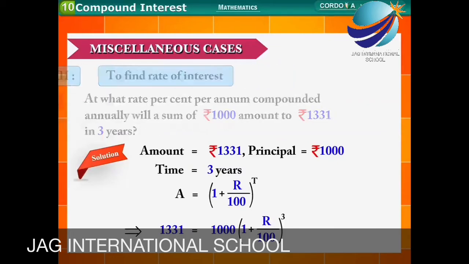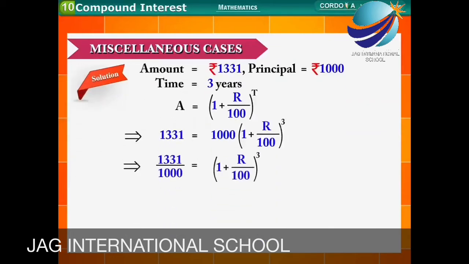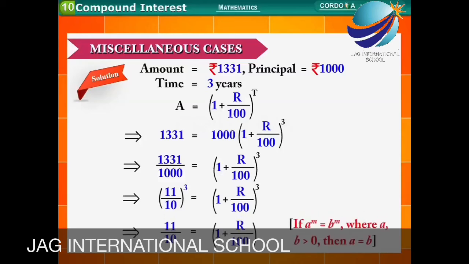This implies 1,331 upon 1,000 is equal to (1 plus R upon 100) cube. This implies (11 upon 10) cube is equal to (1 plus R upon 100) cube. This implies 11 upon 10 is equal to 1 plus R upon 100.